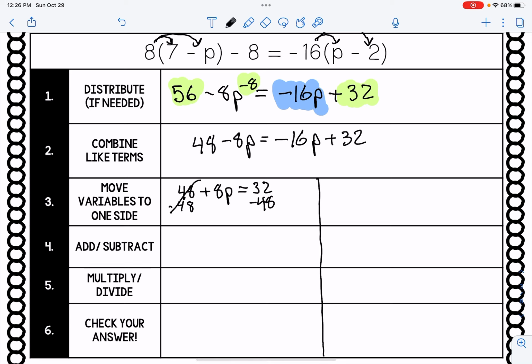And that's going to zero out on this side. And we have 8p left over equals 32 minus 48, which is going to be, 48 minus 32 is 16. But I took away more than I had, so negative 16.